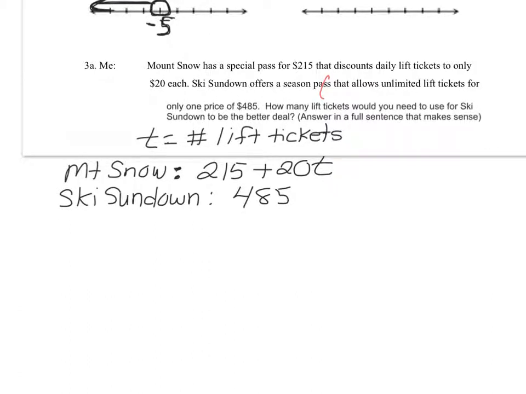There we go. All right, so we want to know when Ski Sundown is going to be less than Mount Snow. So we're going to write an inequality. So we want 215 plus 20t to be greater than $485 because we want this one to be the better deal.